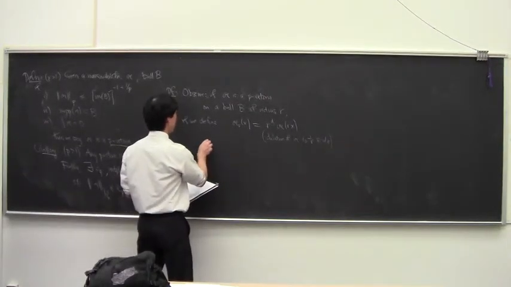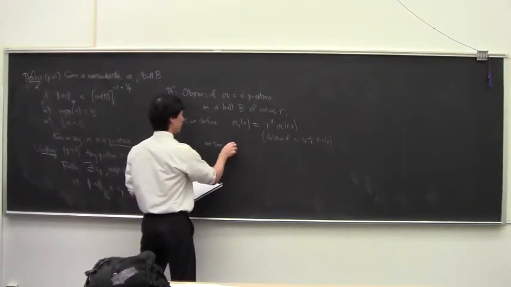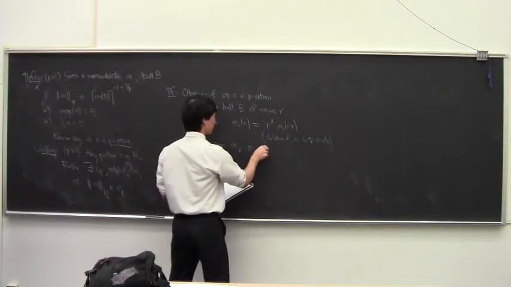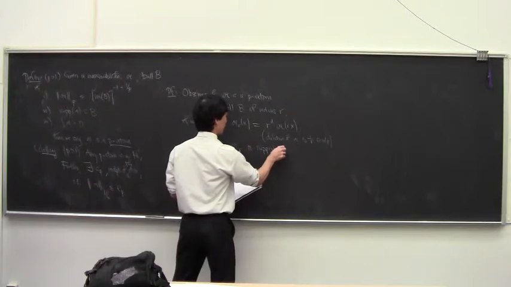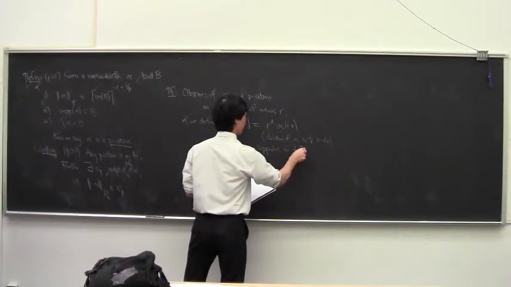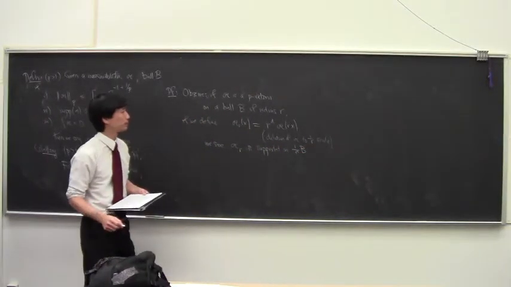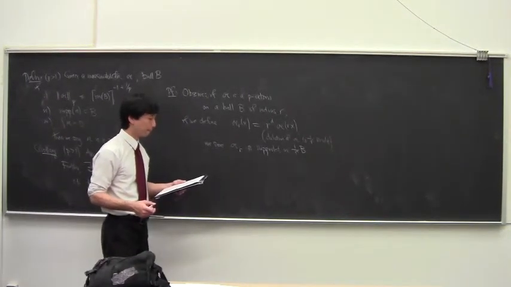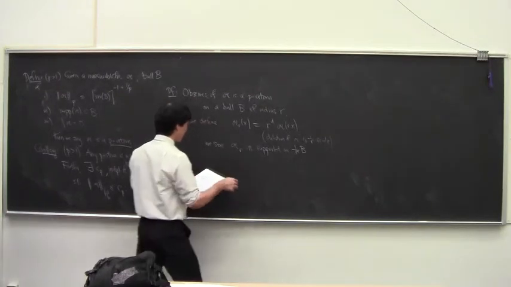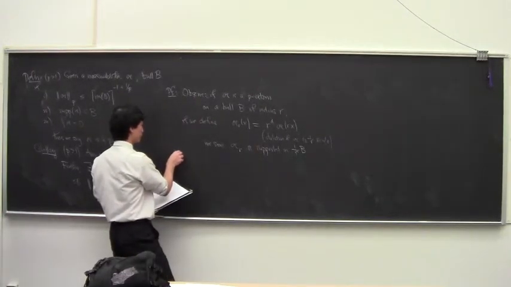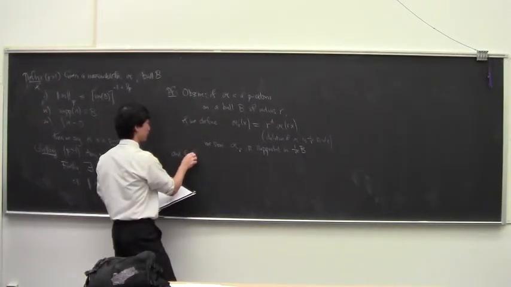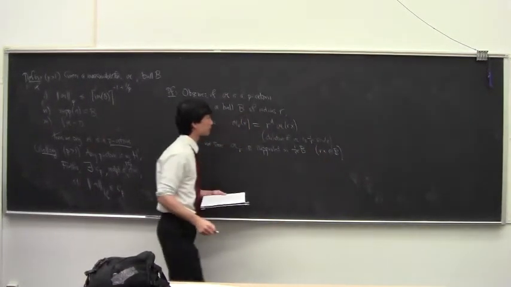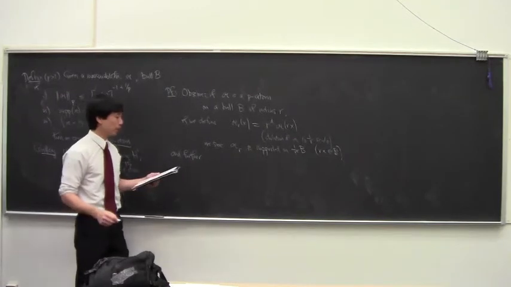Then we see that A sub r is supported on 1 over r times B. That is to say, rx has to be in B, of course.